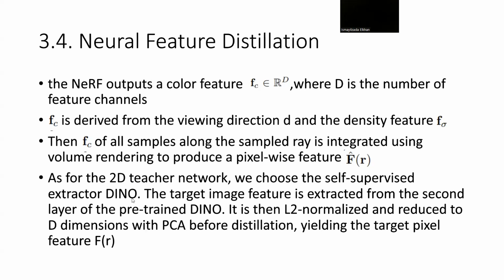They use Dino as that pre-trained model that they call the teacher network. From the second layer of Dino they get a representation, and then they use PCA to map it to a lower dimension, and then they derive this ground truth for this FR.